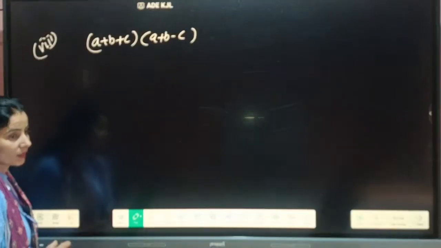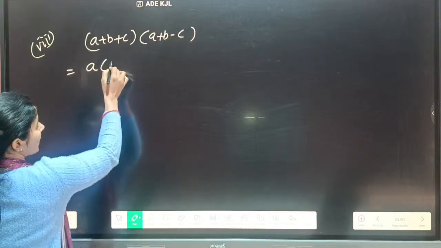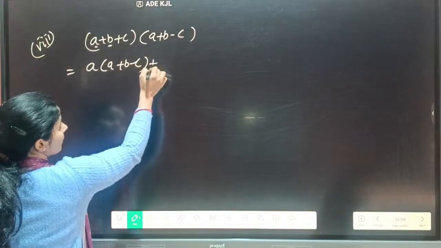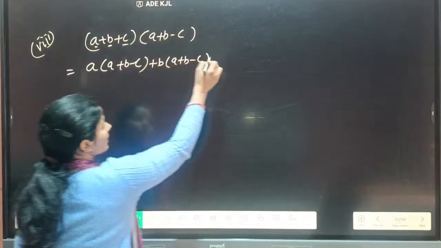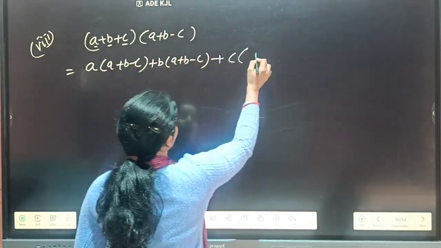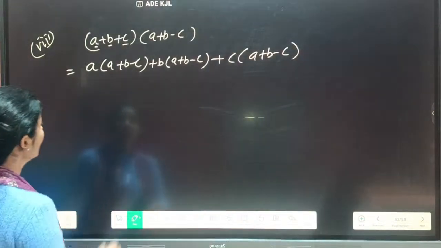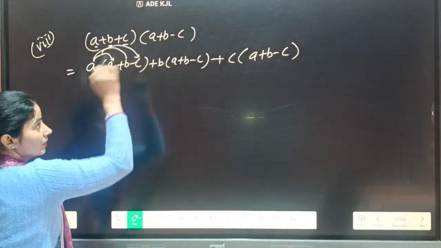Both are trinomials. If you can see, this a I will multiply with a plus b minus c. Then this b I will multiply with a plus b minus c, and then this c I will multiply with a plus b minus c. This a will be multiplied with a, then with b, and then with c.